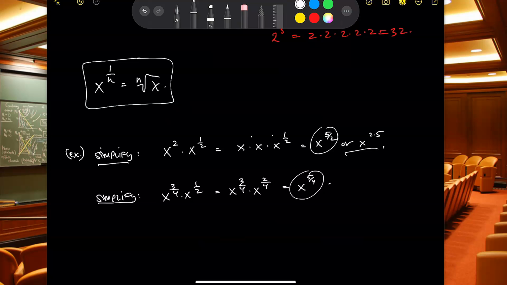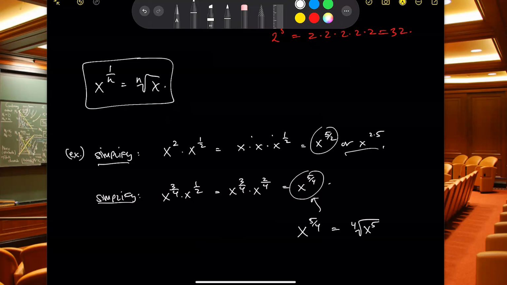Okay, and then also you can have these mixed or improper fractions. And what does this really mean? X to the 5/4 really means I've got the 4th root of x to the 5th, right?